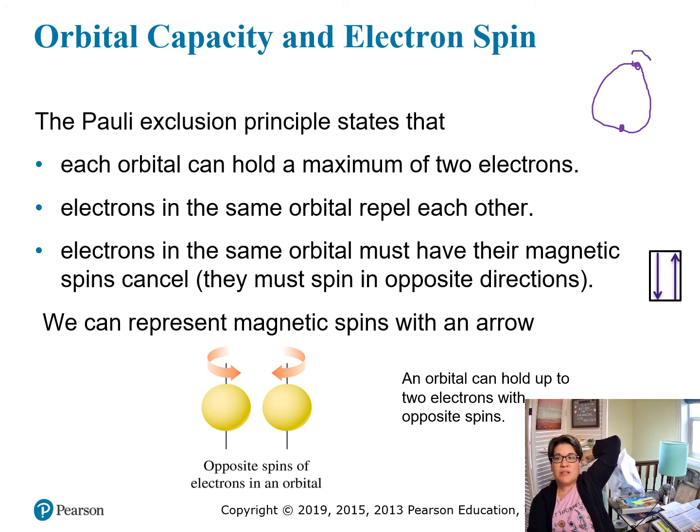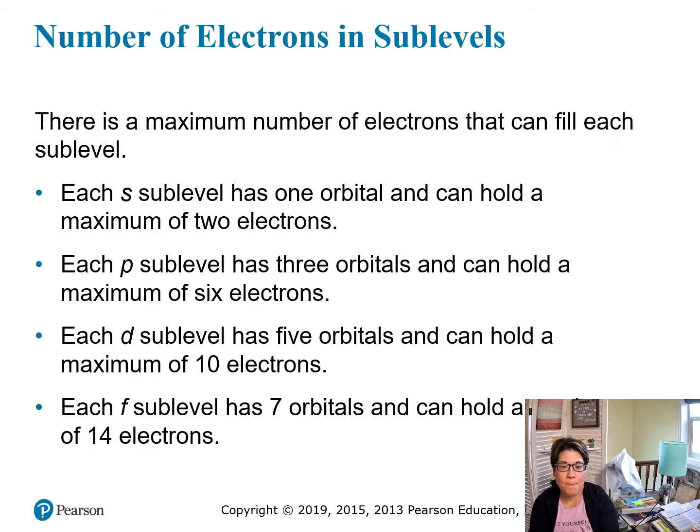Like this one's going to be spinning that way, and that one will be spinning that way. So they're not messing with each other. And we use these arrows to represent that. We use a down arrow and an up arrow to represent opposite spin. And here is another way to picture that. So they're spinning in opposite directions. That's the Pauli exclusion principle.